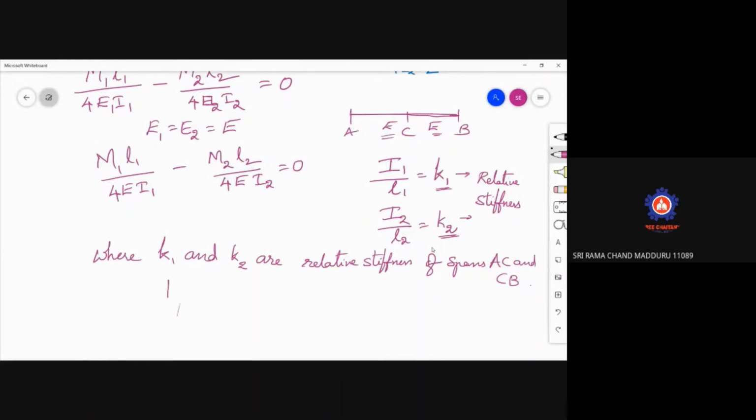So this will be M1 by 4E. Just see this one, I1, what will it become? This entire term I1 by L1, we will consider as K1, minus M2 into 4E into K2, is equal to 0.